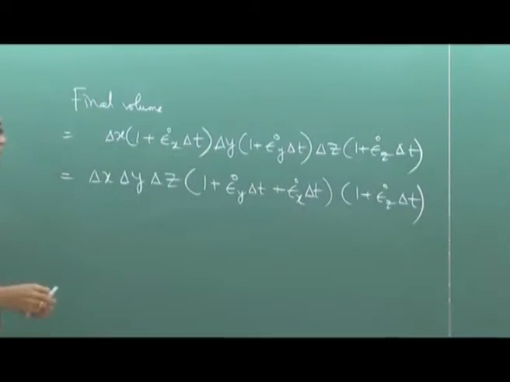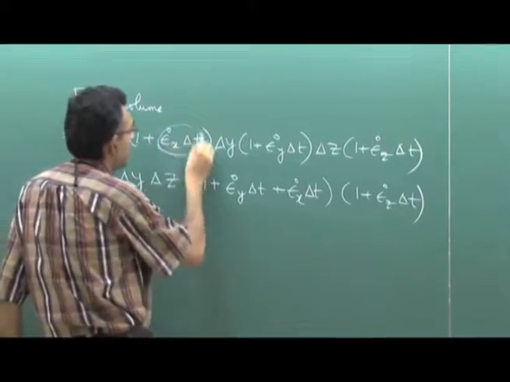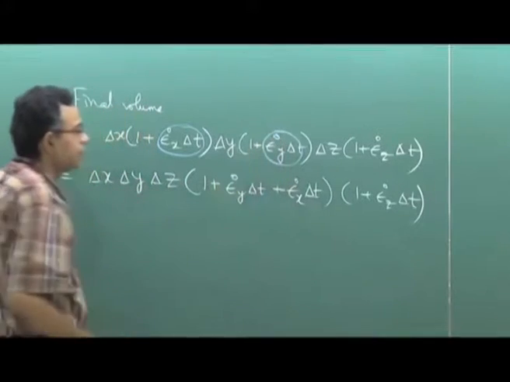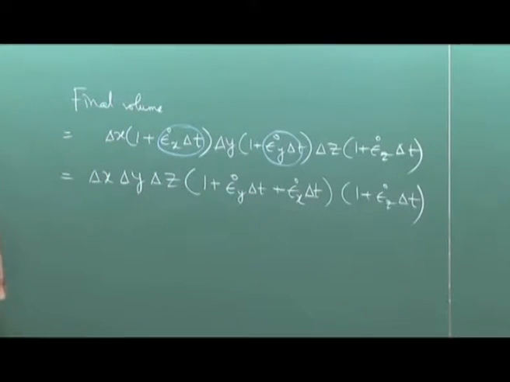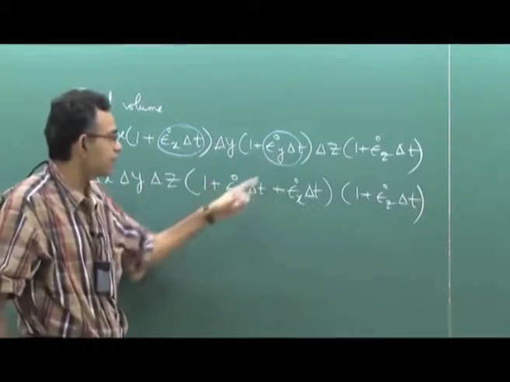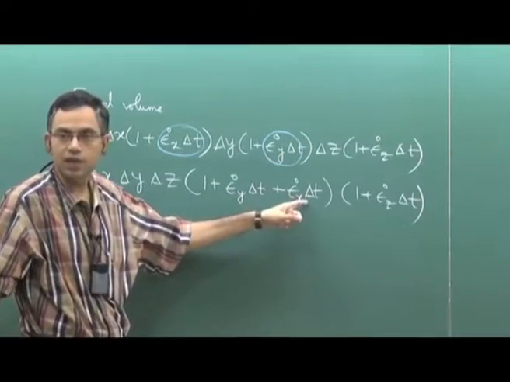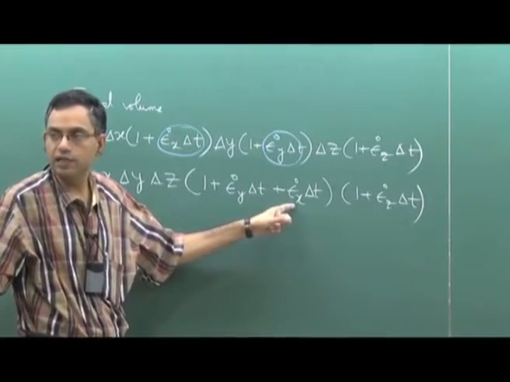So, while simplifying we have neglected the product of these two terms, that is of the order of delta t square as compared to the other terms which are of the order of at the most delta t.